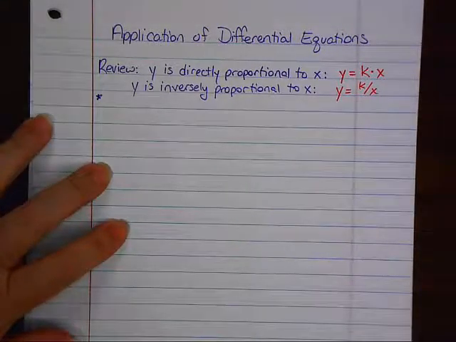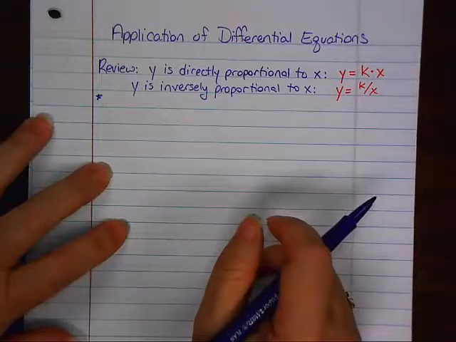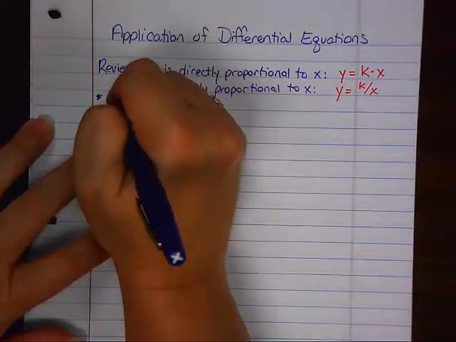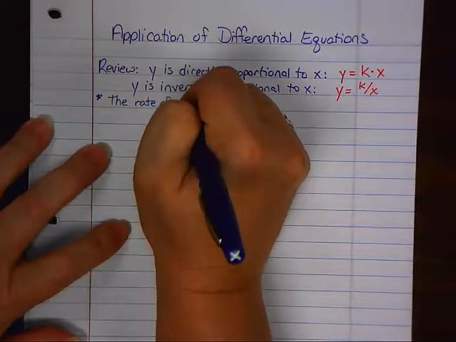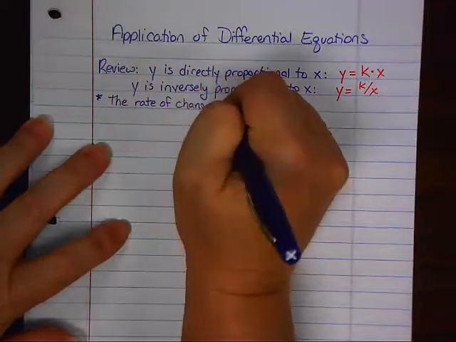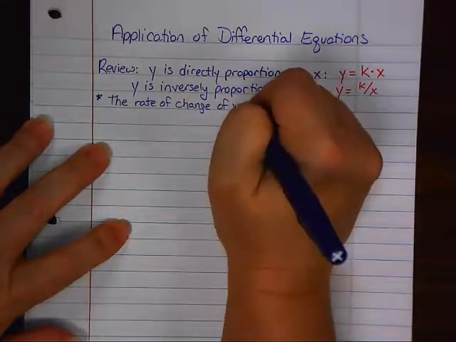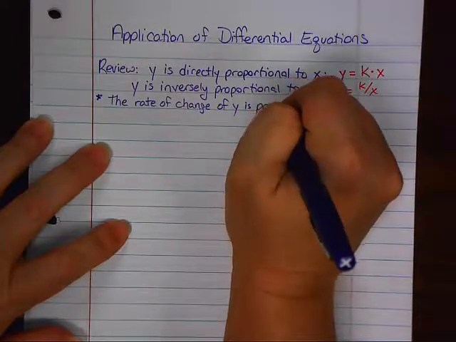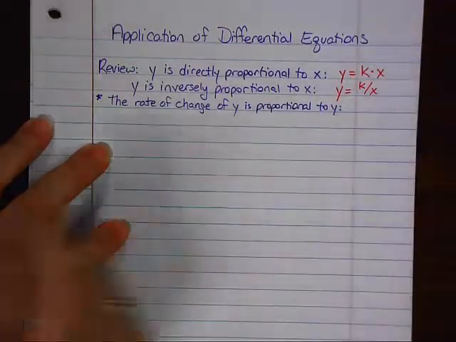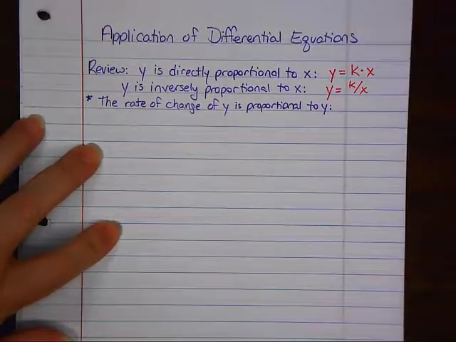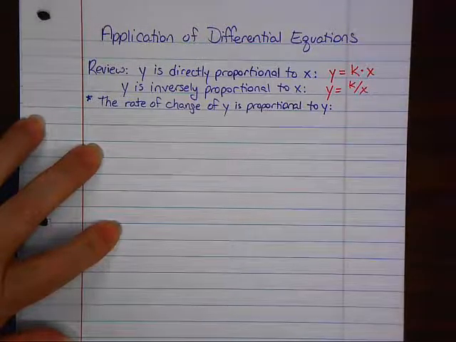Here is a calculus level question, and you're going to have to be doing some of these yourself today. Please write this down. The rate of change of y is proportional to y. That's kind of strange. Okay, the rate of change of y is proportional to y.